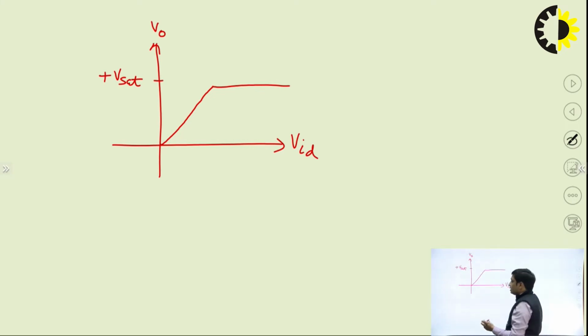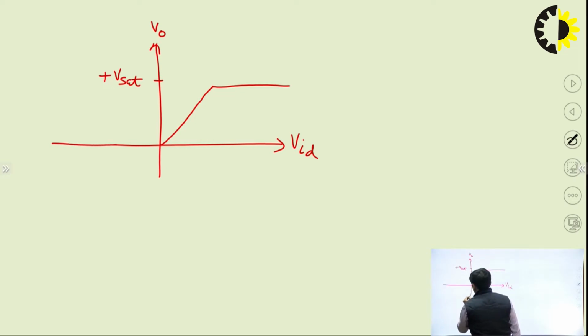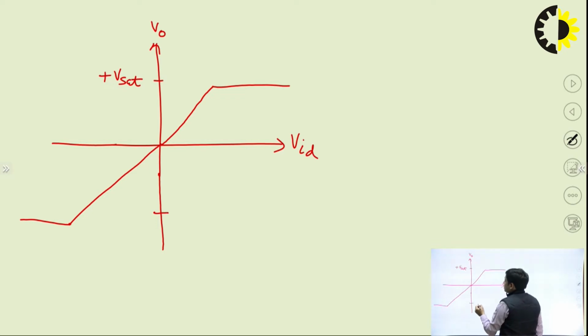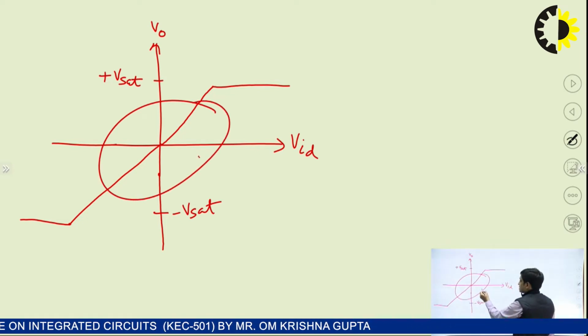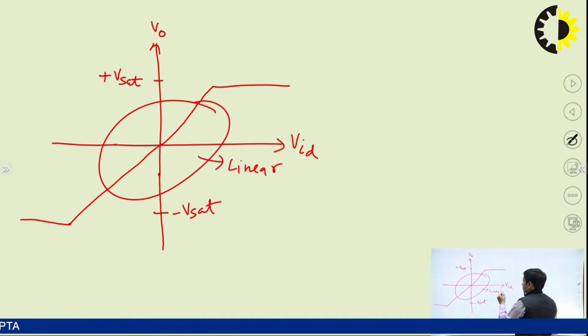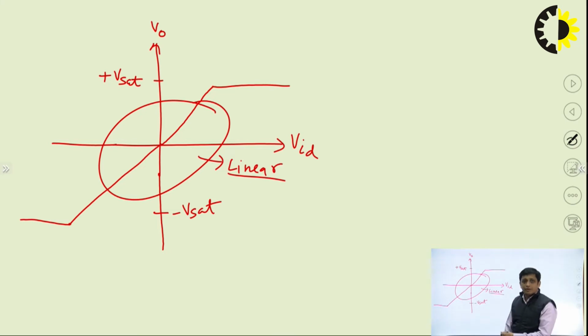Similarly, we can draw this graph in the negative direction also, where the maximum value that the op-amp can go is minus Vsat. So from here we can see that this particular region is the linear region of op-amp, and op-amp works as an amplifier in this region, right? And in the region where we are getting the output voltage plus Vsat and minus Vsat, we can say that the output of the op-amp is saturated.